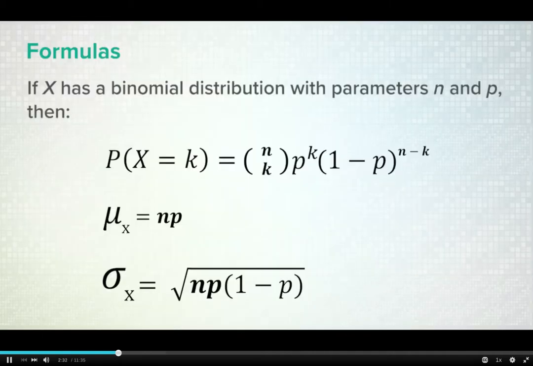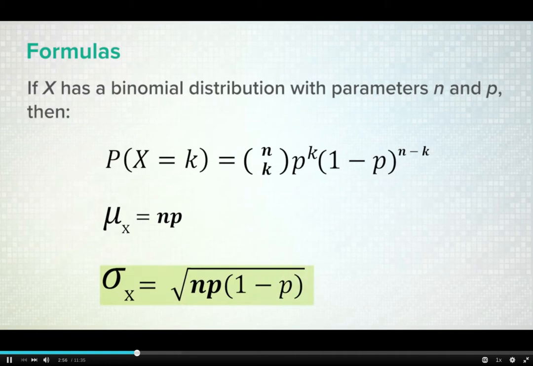You also have a formula for this. Looking back at the formulas related to binomial distribution, we know the first one is just the formula for calculating the probability of our random variable equaling a specific value. The one in the middle, mu of x, is the mean or expected value of x. It says that the mean of x equals n times p.